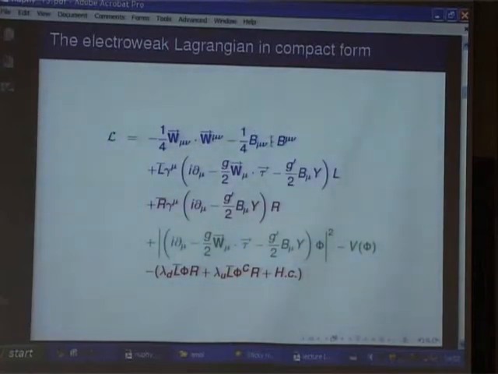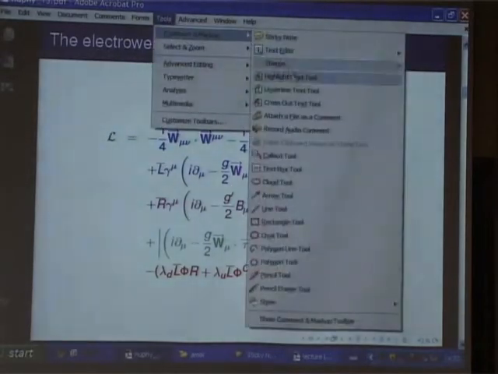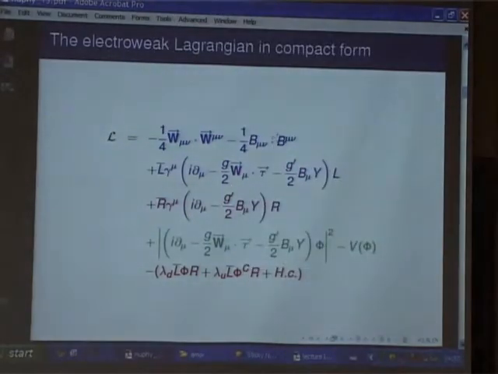This dot actually shouldn't be there. This dot is a dot product of vectors, which means 3 different terms. Those 3 will be for W1, W2 and W3.